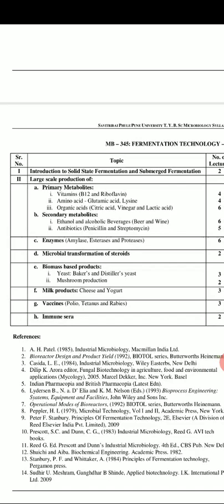Then the second chapter of Fermentation Technology Part 2 includes large scale production. You all might know that the main aim of running a fermentation process is to produce different types of products.